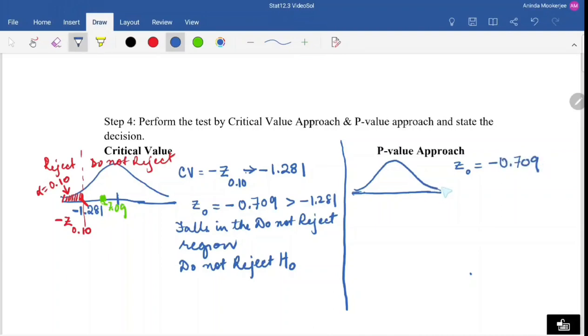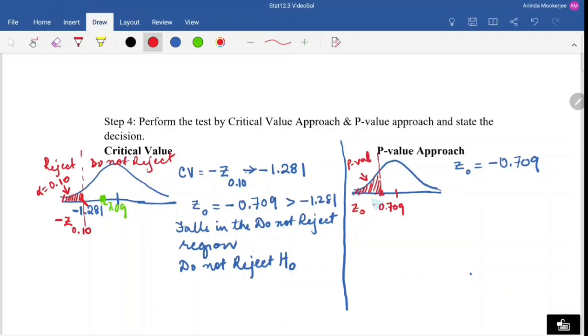All right, so we have to show that on our curve. Again, it'll be somewhere here, maybe. Let's mark it here. Negative 0.709. And I'm going to extend a line from that point up to the curve, and the area to the left of that value of our z sub 0 value on the curve is going to be our p value.